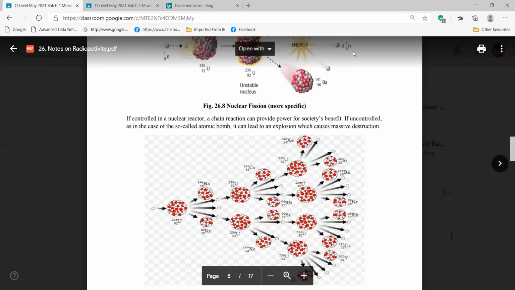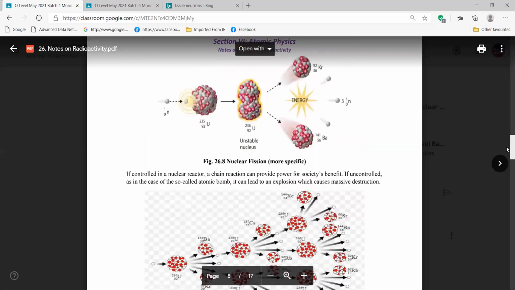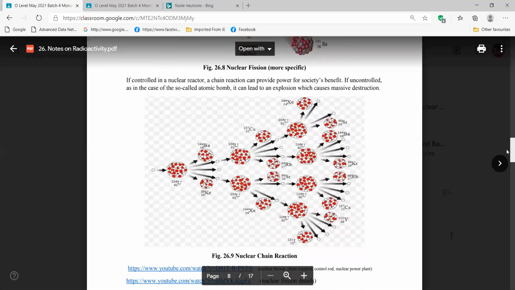So you understand that normally it is an uncontrolled chain reaction, and in a power station we do control the chain reaction. This is one thing, and another thing I'm showing you here: you got one equation, which is creating barium and krypton. But it's not always like that.